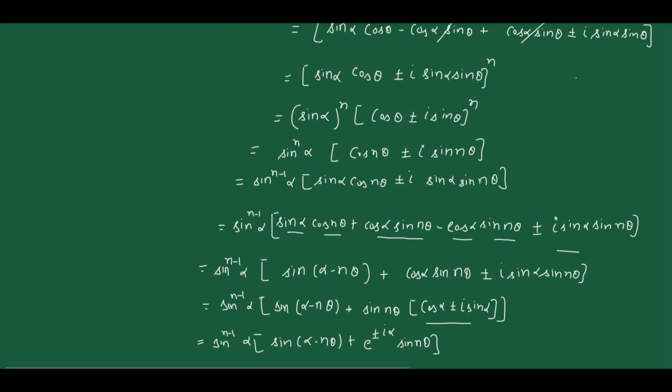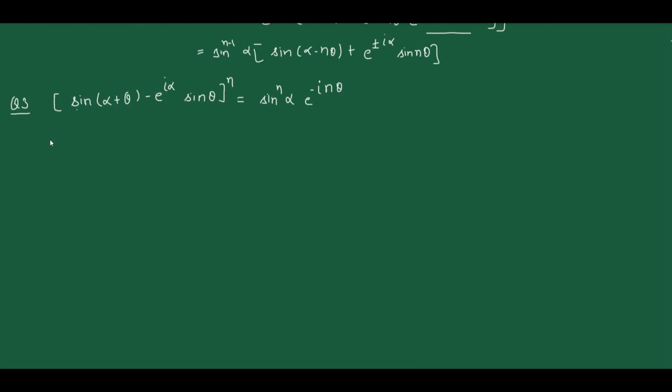Okay students, so next we move to question number 3. Again, start from the left hand side. What is the left hand side? Sin alpha plus theta minus e raised to power iota alpha sin theta, the whole raised to power n. So again, open in the same way.